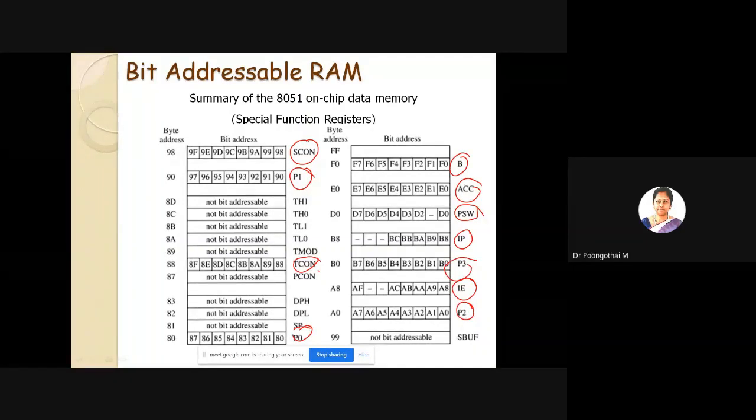So the highlighted registers are bit addressable registers, so we can access individual bits of these particular registers.